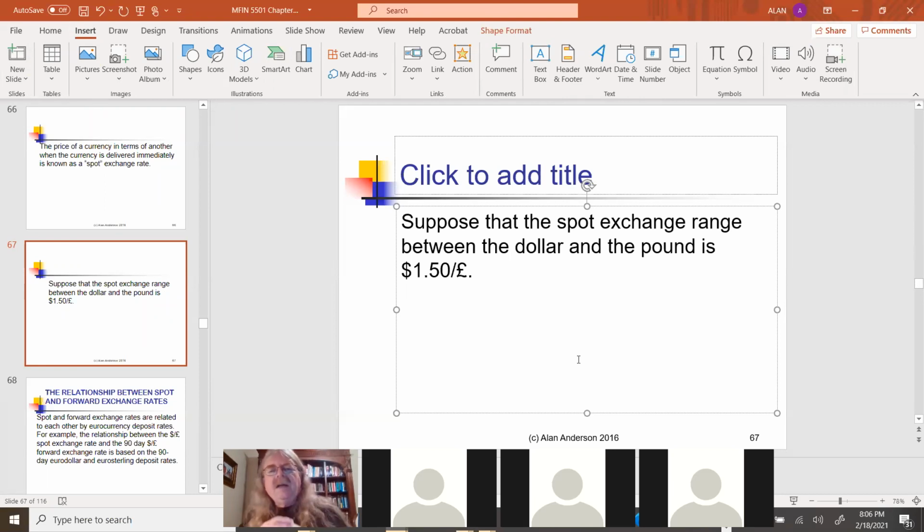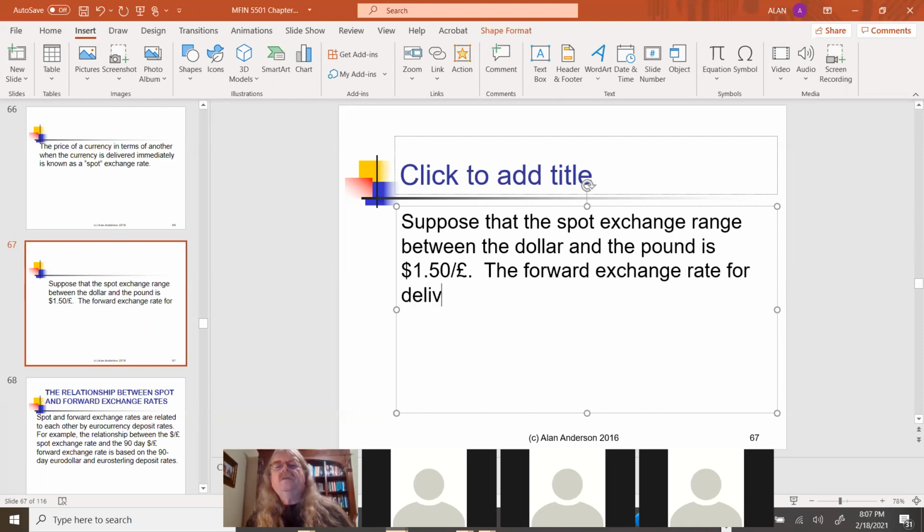Okay, that means I can buy all the pounds I want for immediate delivery at $1.50. The forward exchange rate for delivery in 3 months is, let's say, $1.52 per pound.